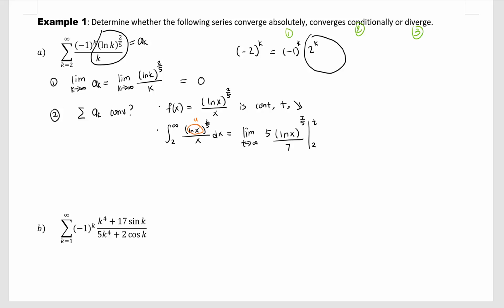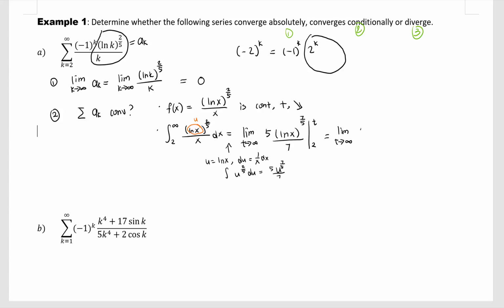You see this process, I'm using u substitution in my mind. I know u is ln of x, du is 1 over x dx, then this is u to the 2/5 du, so the integral is u to the 7/5 over 7 times 5. Then I put u back, u is ln of x.